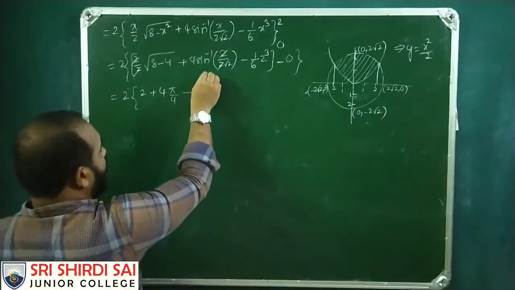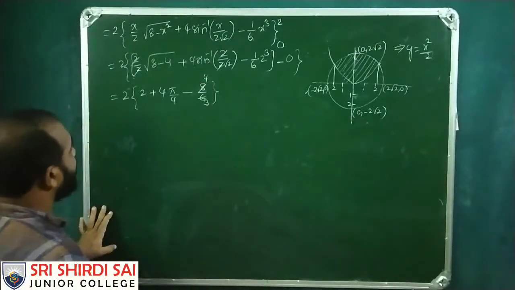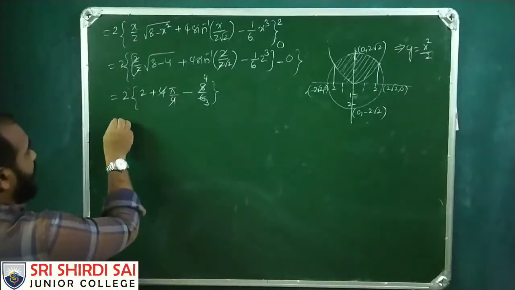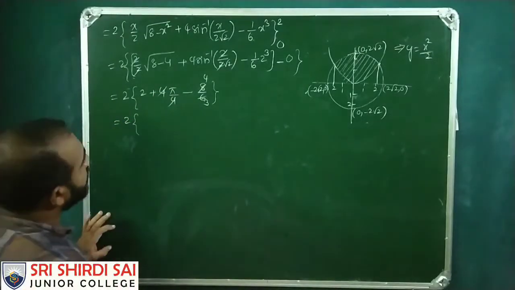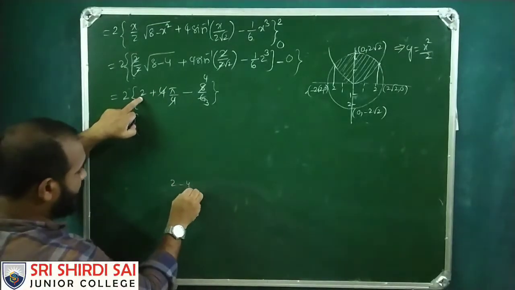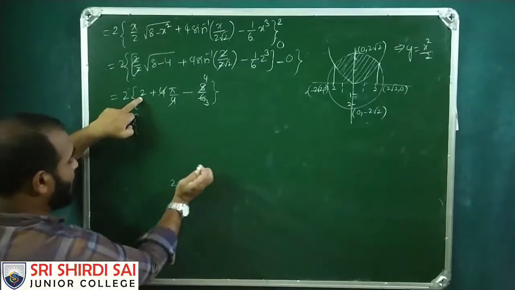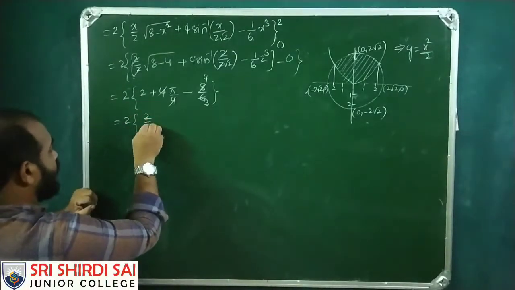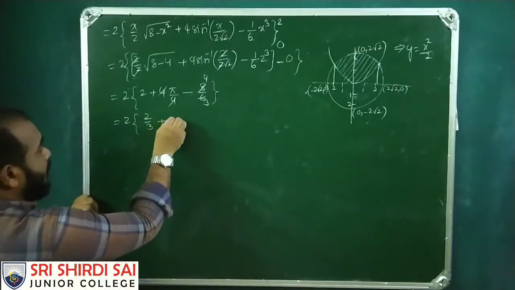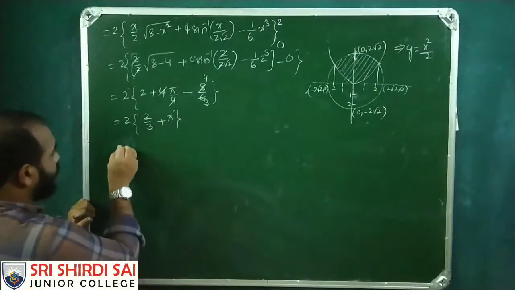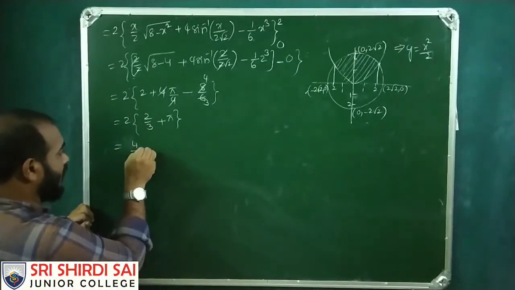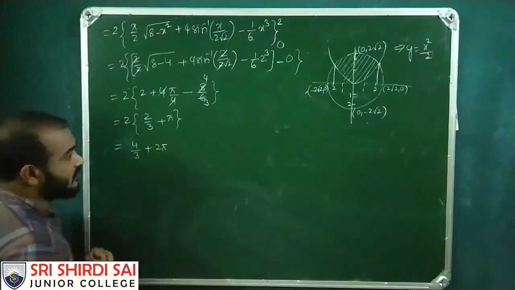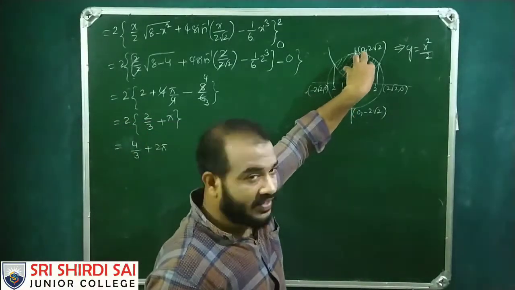So 4 gets cancelled. 2 into, this is 2 minus 4 by 3. 3 twos are 6 minus 4, 2 by 3. This is 2 by 3 plus pi. So 2 twos are 4 by 3 plus 2 pi. This is the area of this part.